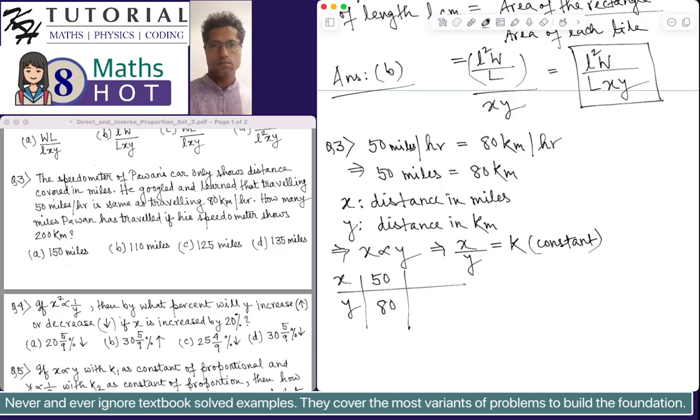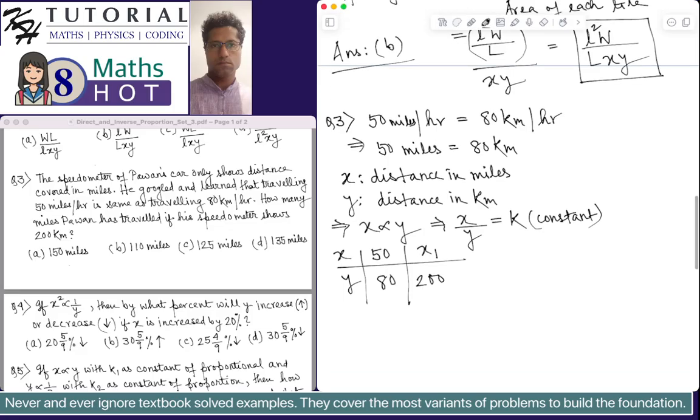So if y is 200, because we are considering y to be the distance in kilometer, what will be the value of x? That is, what is the distance 200 kilometer in miles? Let's say that value is x1. Therefore, 50 by 80 should be equal to x1 by 200.